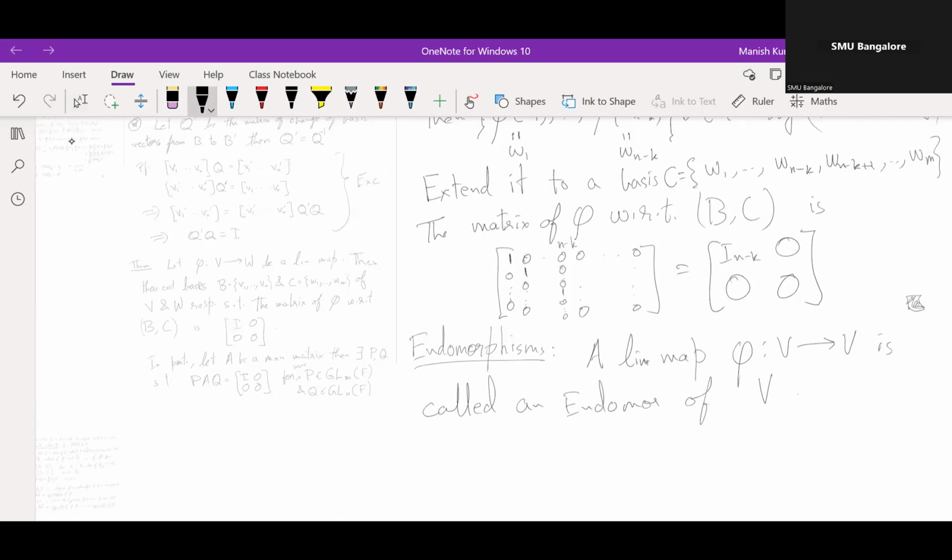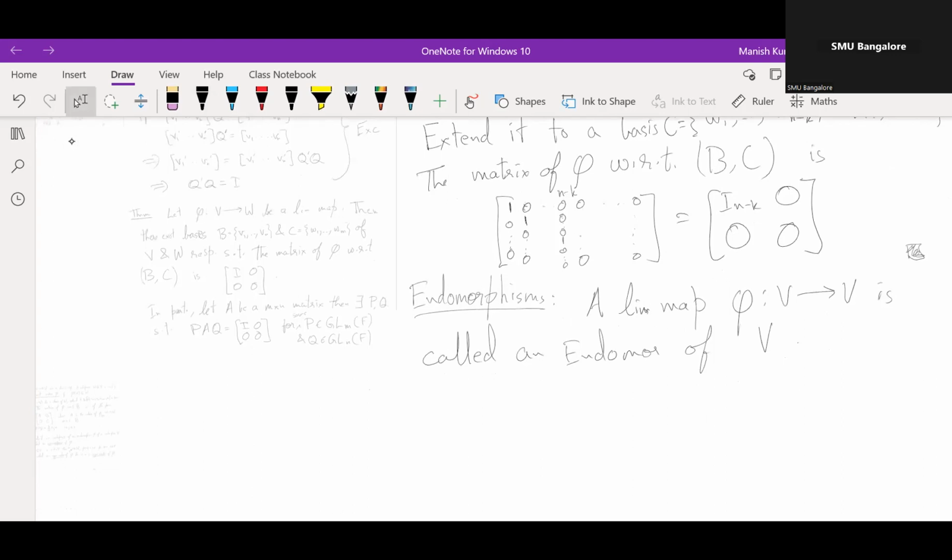But if you are given the same vector space, and I give you a basis, one can also write down a linear map for that basis.